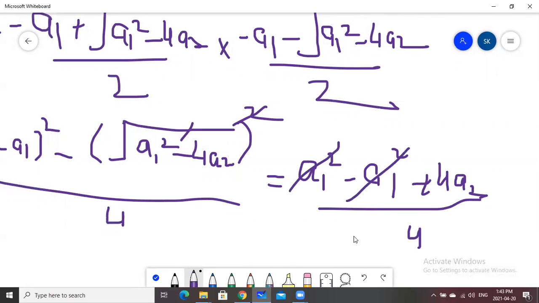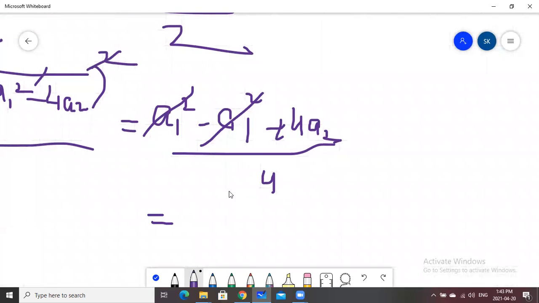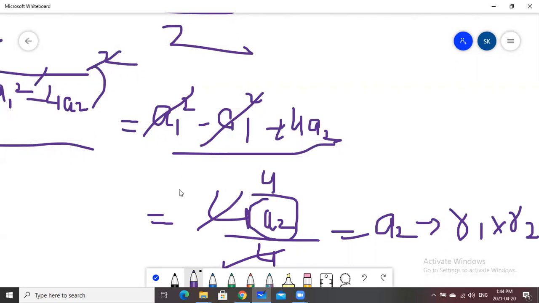These two will be cancelled out with each other, and in the end we will get 4a2 divided by 4, and 4 will be cancelled with 4. Therefore r1 multiplied by r2 is equal to a2. If the numerical values of a1 and a2 are given, we can find them through this methodology.